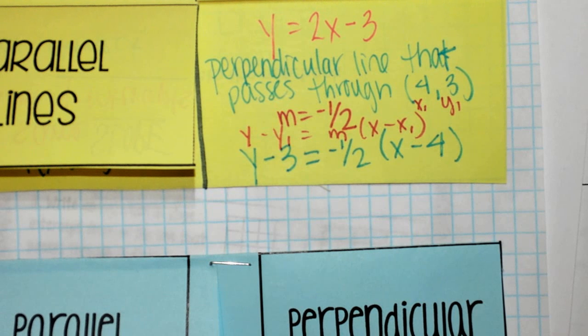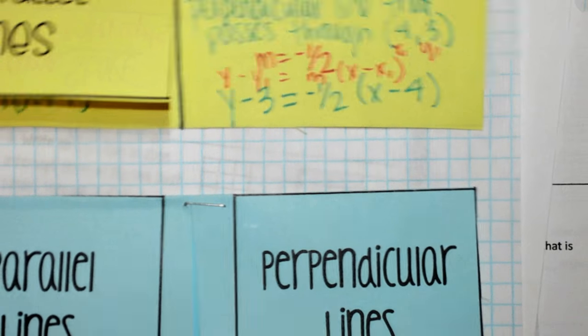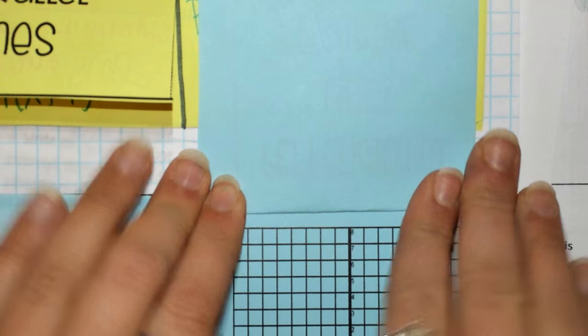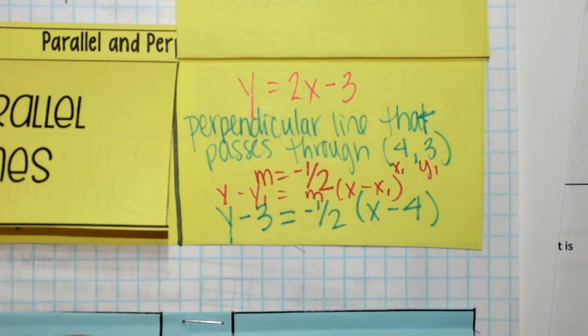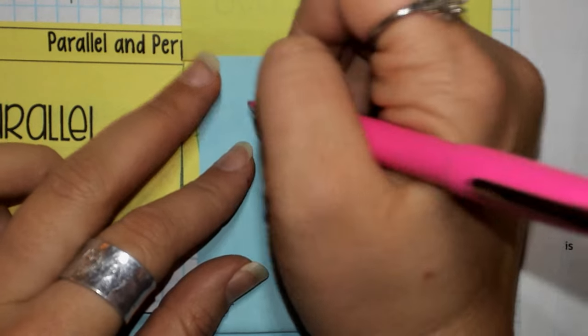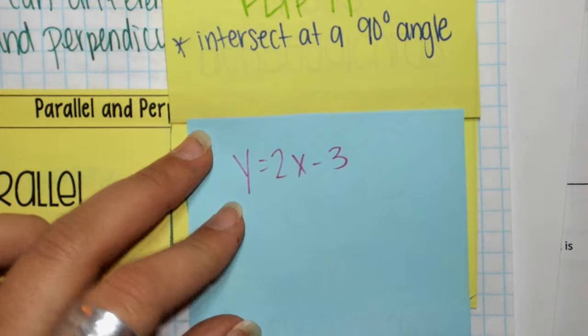Okay. Alright, let's graph. So, open up perpendicular lines. You're going to get your study guide today. Alright, so our first equation was y equals 2x minus 3, correct?